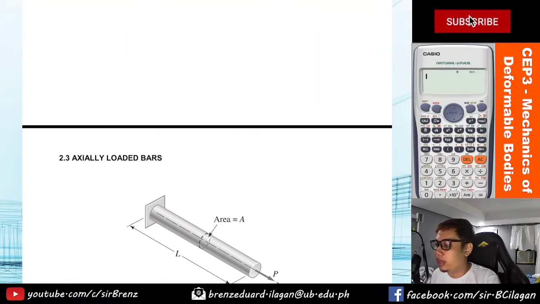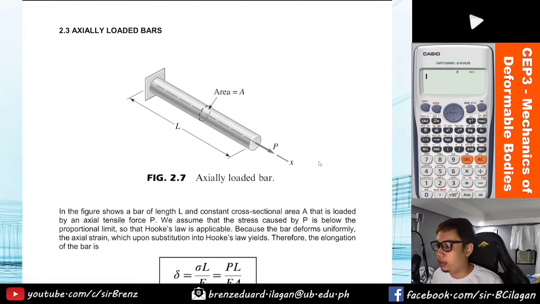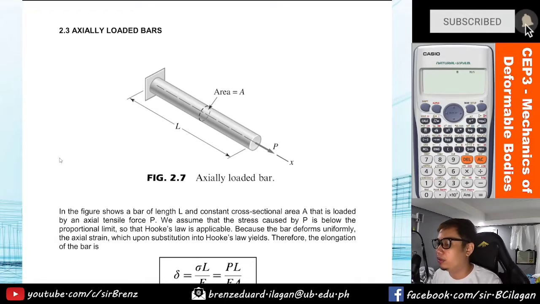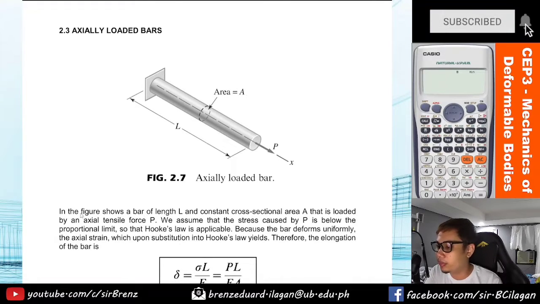Okay. So next, pumunta naman tayo do'n sa axially loaded bars. Okay, so under axially loaded bar, ayan, meron tayong figure dito kung saan meron kang specimen or sample which is rigidly fixed do'n sa isang end, and do'n sa kabilang end, meron siyang naka-applied na force P. So as shown, meron kang original length or yung haba ng specimen mo, and yung cross-sectional area.